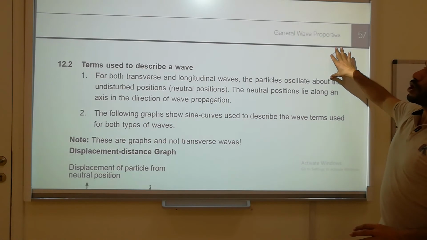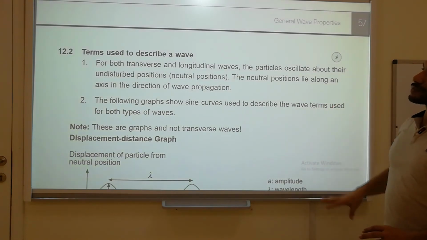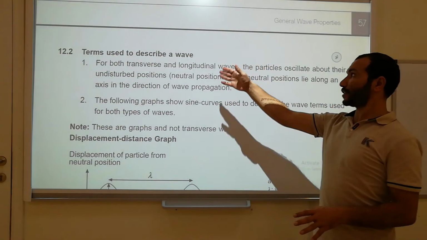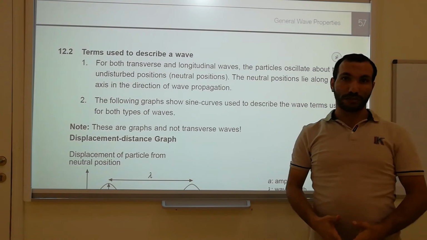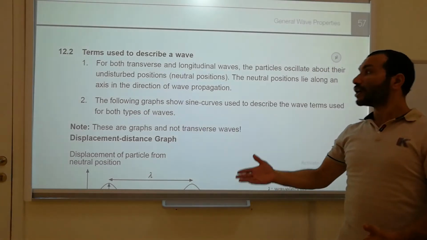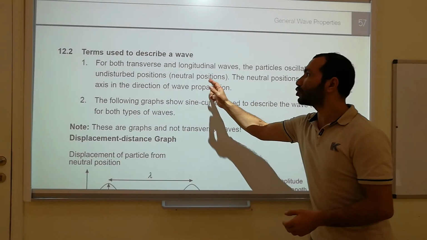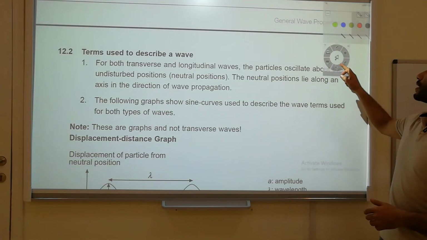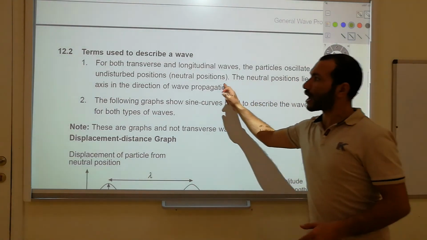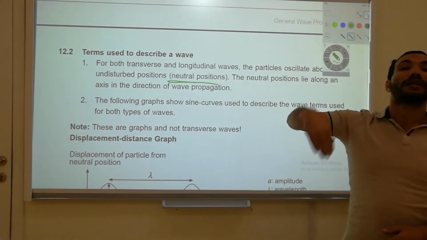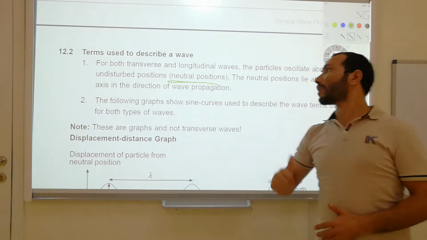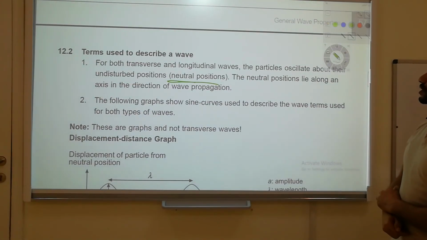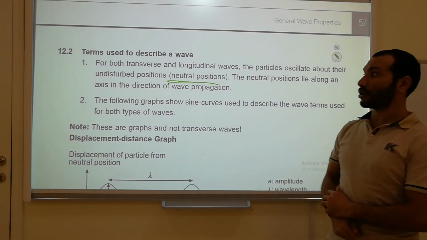Take care: when we describe the wave, for both transverse and longitudinal waves, the particles oscillate about their undisturbed position. Undisturbed position means the original position or neutral position. They are moving through a neutral position. Take care about this origin, because the vibration will oscillate from this point. Number two, the neutral position lies along the axis of the direction.